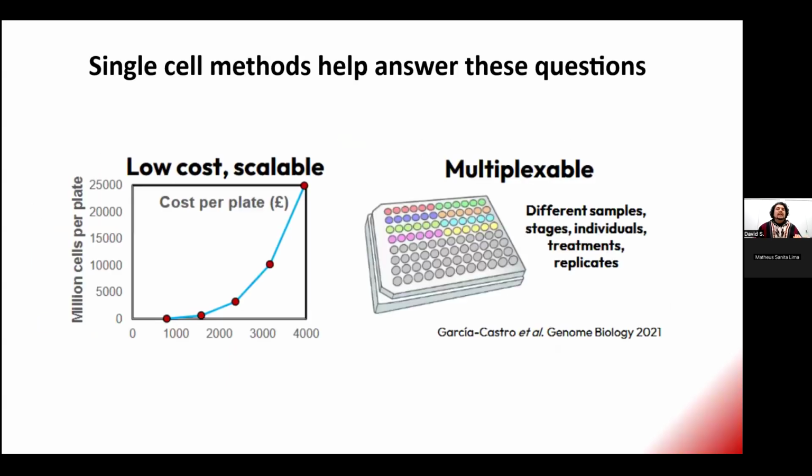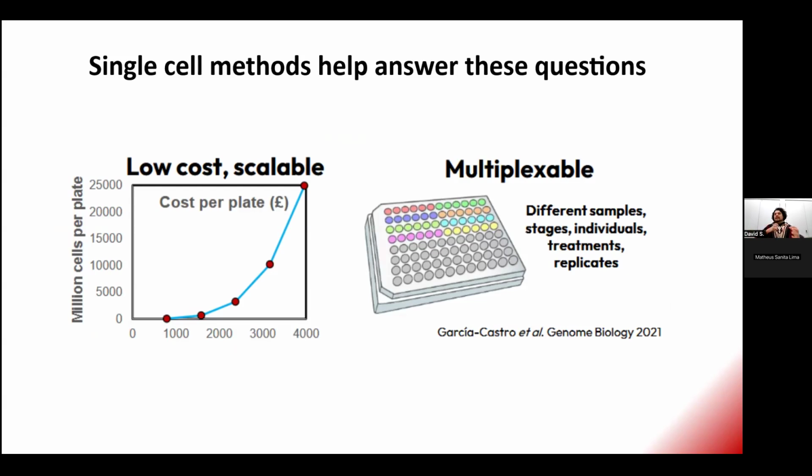Yes, and the great advantage right now is that we have single cell methods, as many have seen in many papers, and these are getting more multiplexable and more low cost throughout the years. So you can now put in the same run of sequencing different samples, different stages, different individuals, treatments, replicates.